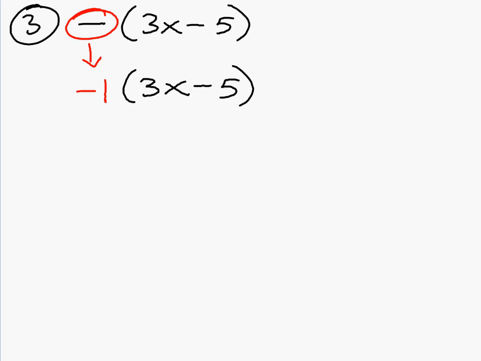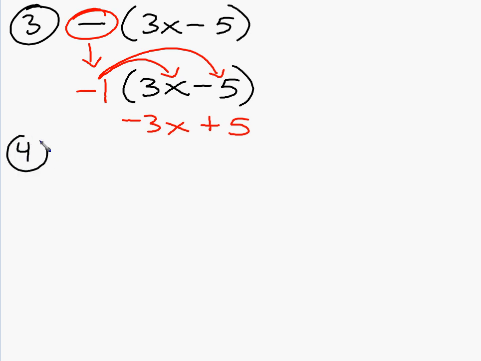So I'm going to distribute negative 1 times 3, which will make it negative 3x. And then I'm going to distribute negative 1 times negative 5, which is plus 5. All right, so if you just see that negative out there, just make it a negative 1. They may also write the problem this way.